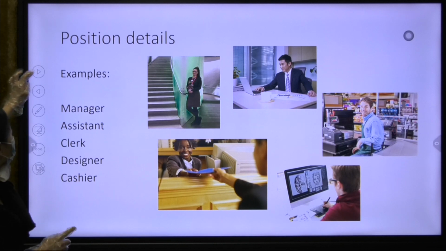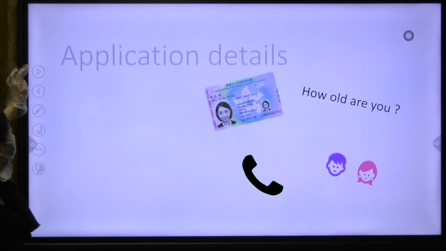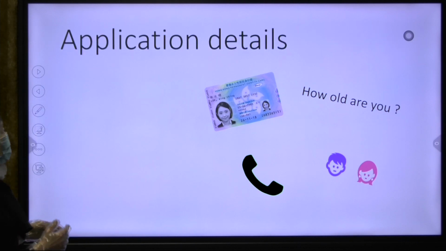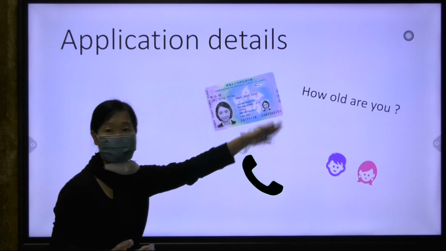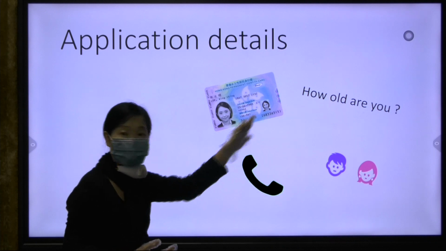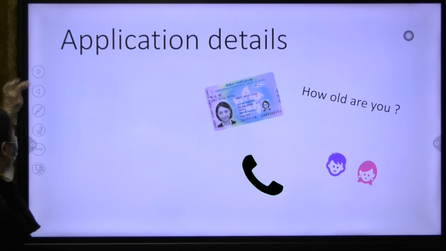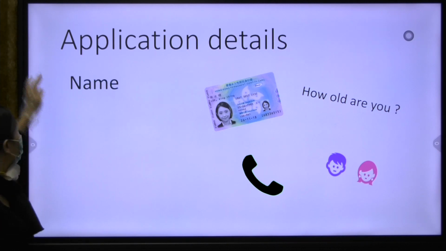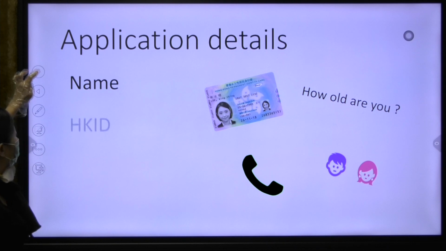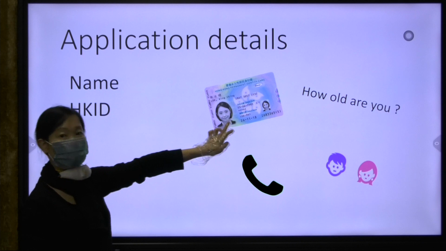So position detail. And the next thing is something about the applicant, something about Tommy. So the applicant details, some of the details about Tommy. We need to write this kind of thing down when we want to apply for a job. So name, of course, and also Hong Kong ID.